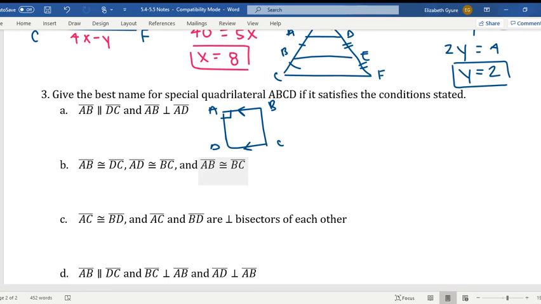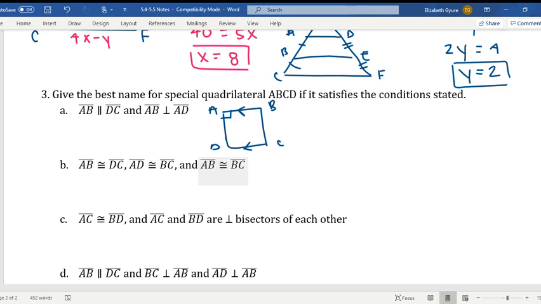Is this a parallelogram? Logan, is it a parallelogram? Why is it not a parallelogram? What else would this need to be a parallelogram? Two sets of parallel sides. You fell into the trap. It needs two sets of parallel sides.